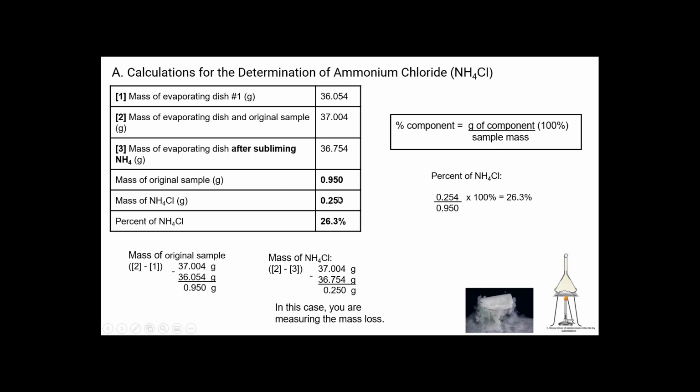So in this case, we're taking our mass of ammonium chloride, putting that on top, and dividing by our whole original sample. I didn't put the units here because they would cancel out anyways. So out of this mixture, 26.3%, based on what I got from my lab, was made from ammonium chloride.